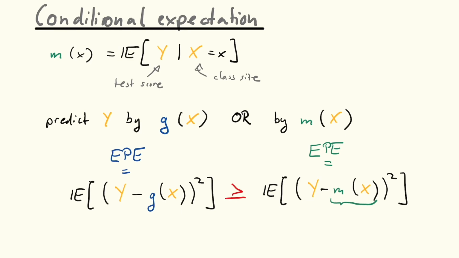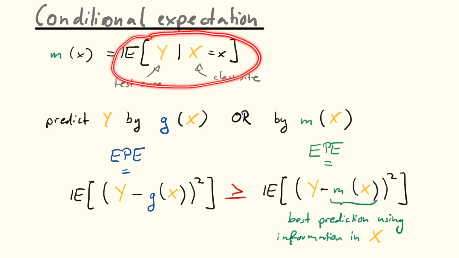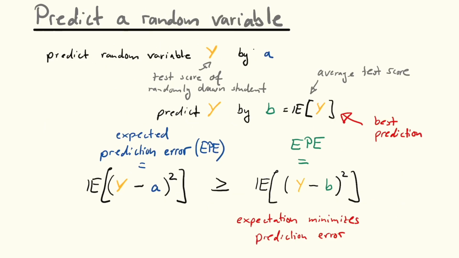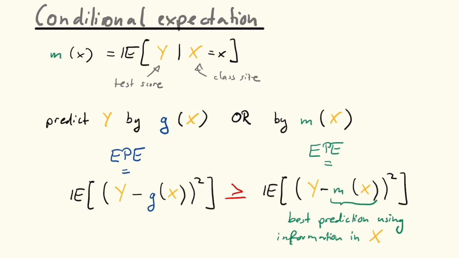This here is the best prediction using information in x. This allows us to interpret the conditional population average as an optimal prediction, in the same way that we could interpret the unconditional expectation average as an optimal prediction. There is no contradiction between both of them being optimal.